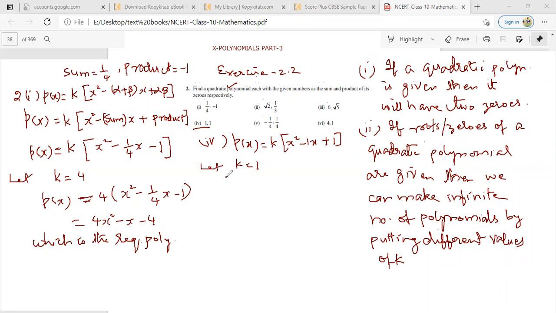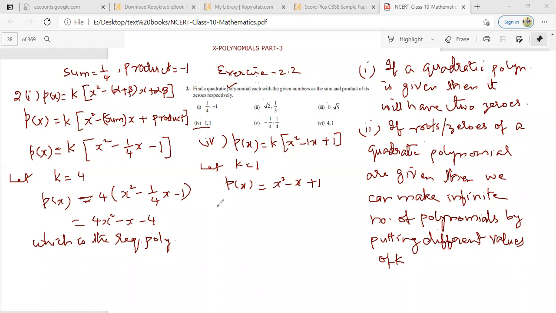We get Px is equal to x square minus x plus 1. So you will find this answer in the textbook. If I put k is equal to 2, we will get another answer, and if 3, another. Like this we can put any value of k to get infinite answers. But when a fraction is not given, we will put 1 and we will find only one answer.